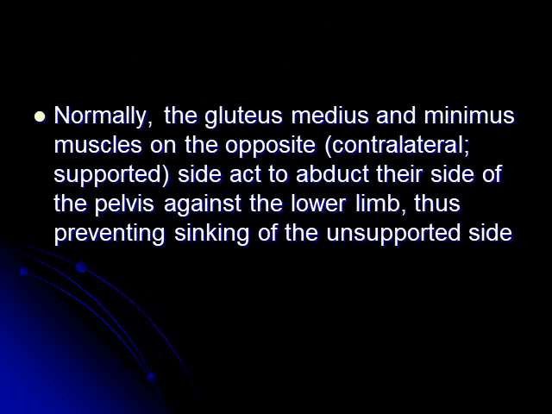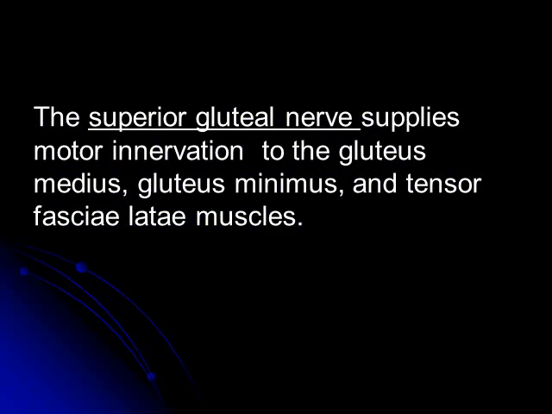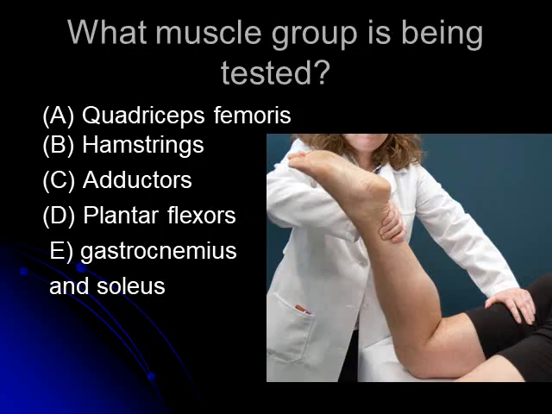Normally the gluteus medius and minimus muscles on the opposite side, that is the supported side, act to abduct their side of the pelvis against the lower limb, thus preventing sinking of the unsupported side. The superior gluteal nerve supplies the motor innervation to the gluteus medius, minimus and tensor fasciae latae muscles.